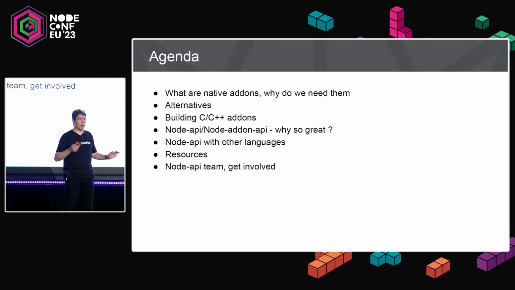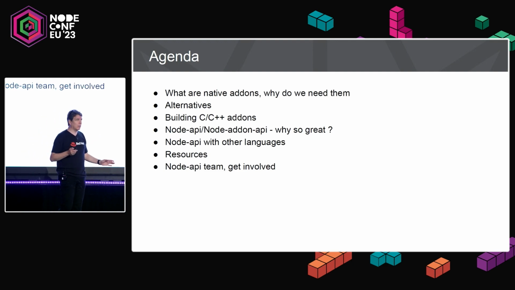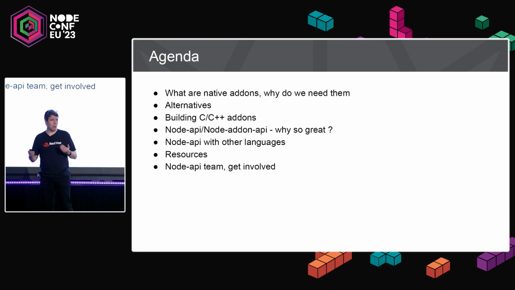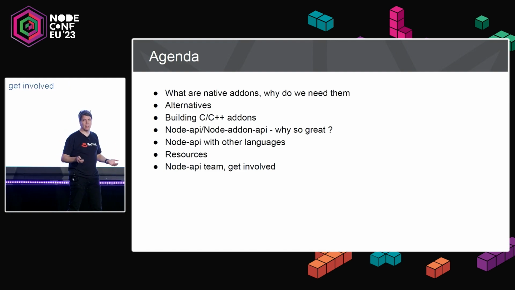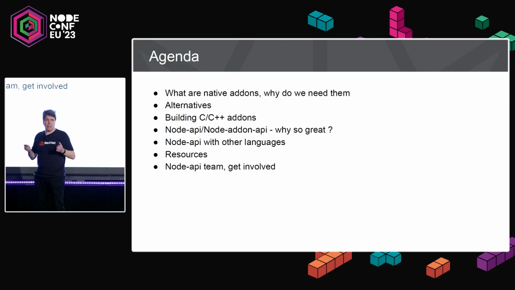Just before I get started, I wanted to tell you a little bit about the journey I'm going to take you through. First of all, what are native add-ons and why do we need them? Brian helped me out a little bit with that yesterday because in talking about FFI, he talked about some of the earlier ways to interact with native code, but I'll give a quick refresher. I'll also talk about alternatives, FFI being one of those, but there are some others. I'll then look specifically at building C and C++ add-ons through Node.js's history.